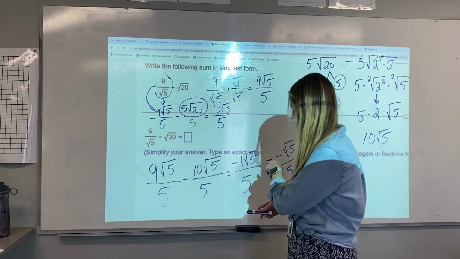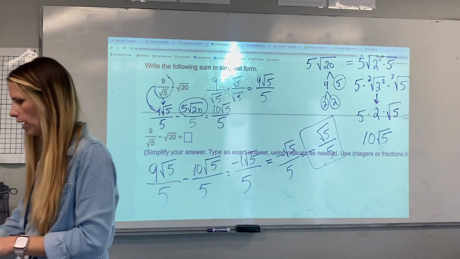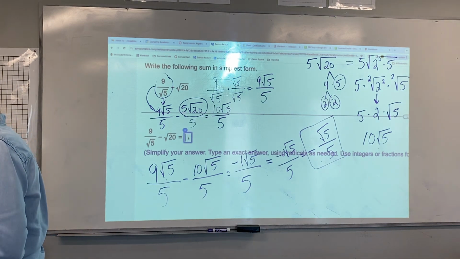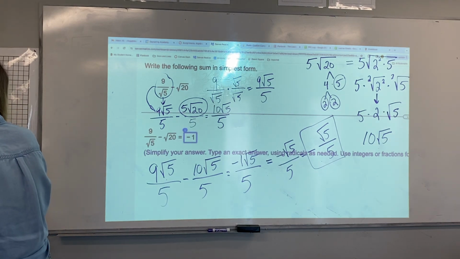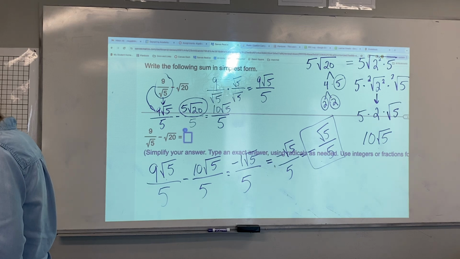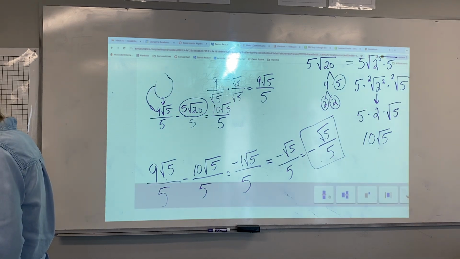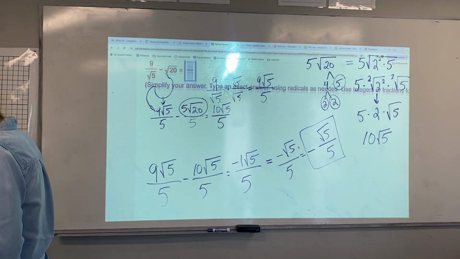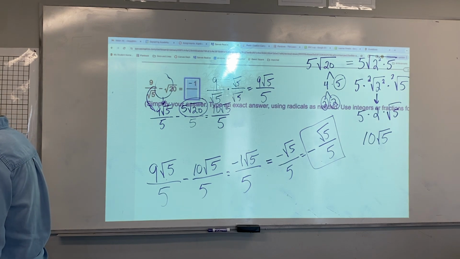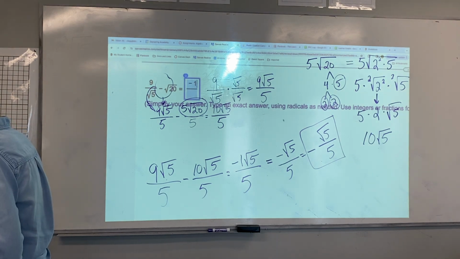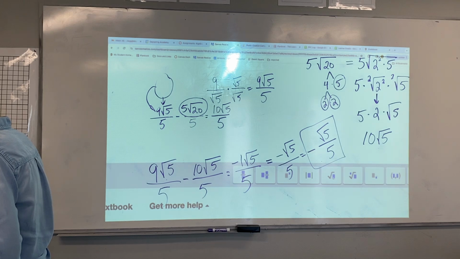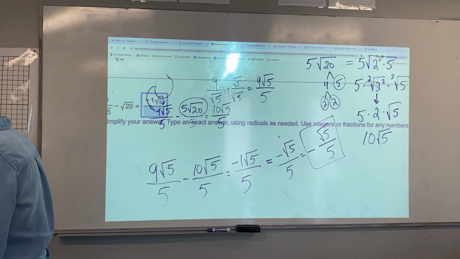I'm so curious to see if it would accept this answer. So I'm going to put this one. -1. Wait, I got to put in fraction. I'm going to do -1, and then I'm going to do radical 5. Don't do what I'm doing right now. I'm just seeing if it's going to accept this.